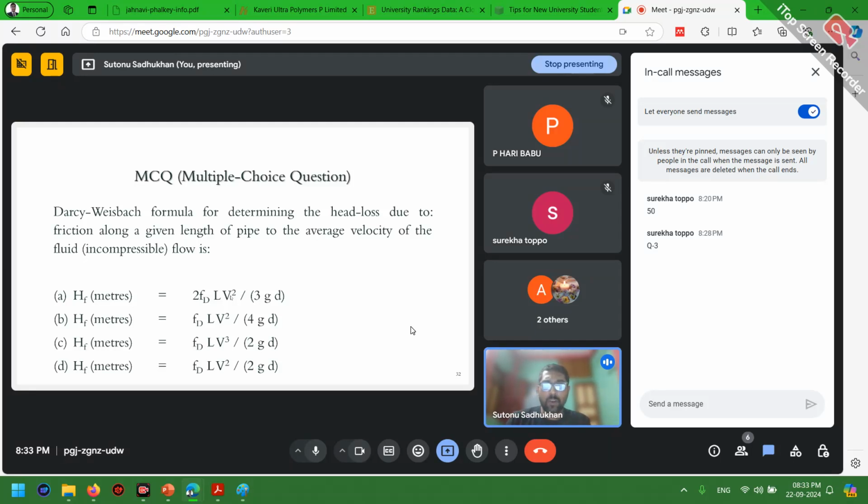That actually is incorporated in the pressure drop formula that is given here in this question. So H is the pressure drop, but that is divided by the gravitational acceleration. So that's why the unit of H is in meters. You can see all the terms on the right hand side.